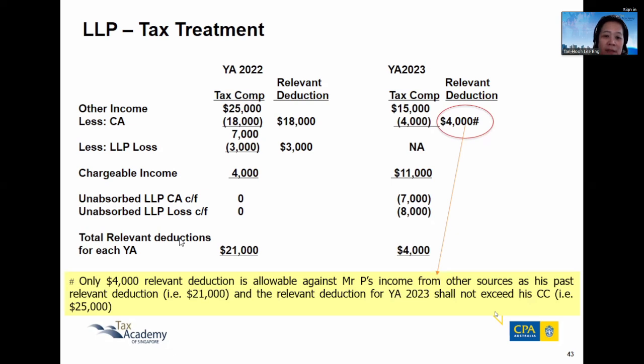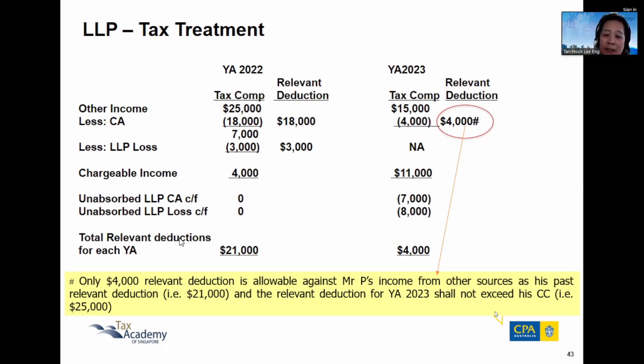Only 4,000 relevant deduction is allowable against Mr. P's income from other sources, as his past relevant deduction is 21,000, and the relevant deduction for YA 2023 cannot exceed his CC of 25,000. His past relevant deduction is 21,000, so what remains is only 4,000. We cannot allow 11,000, but can only allow 4,000 to offset against the other income of 15,000. So the chargeable income becomes 11,000.